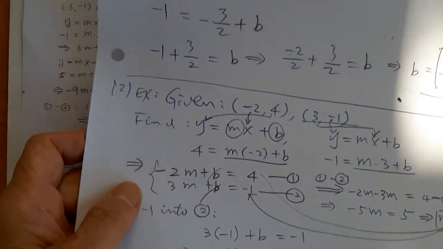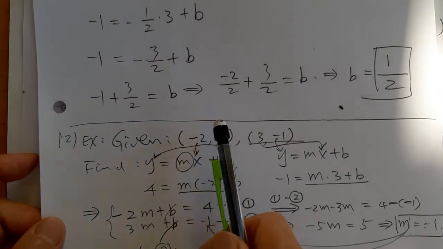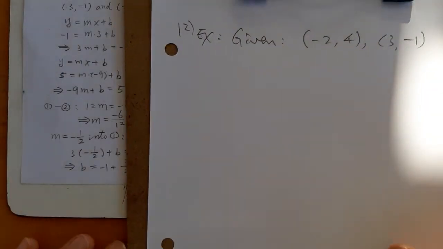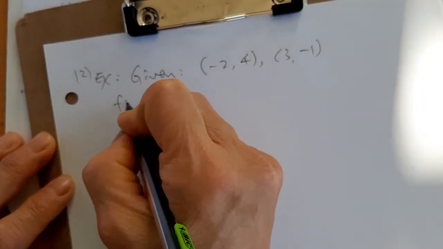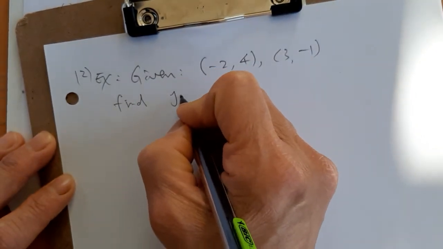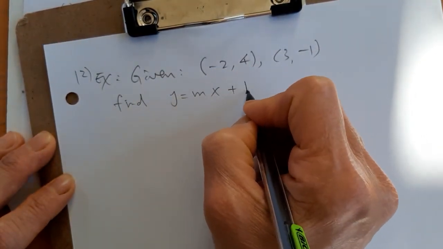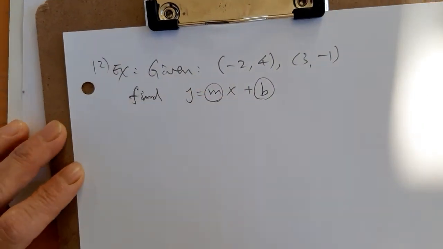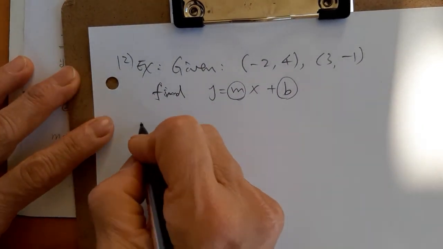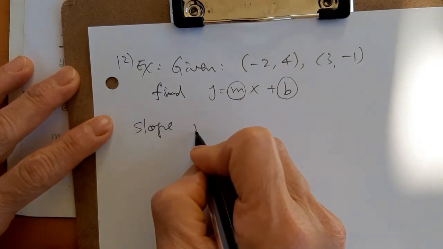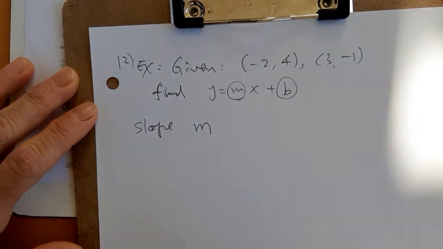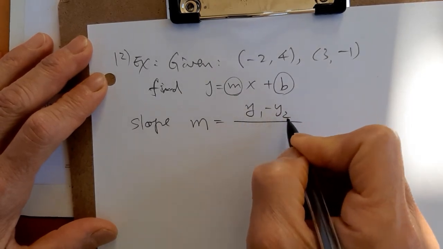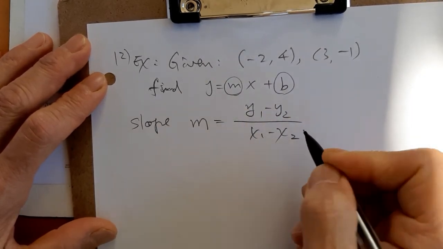Find y equals mx plus b. Find out what is m, what is b. Now you can use the slope formula. Slope is m. M is the slope. B is the y-intercept. The formula is y change over x change.